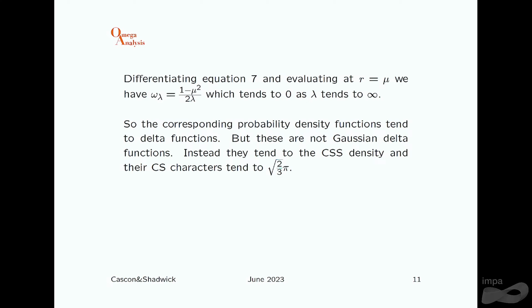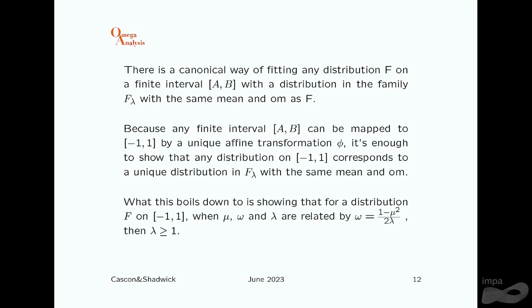What this approaches, because of the attractor of the CSS, is it has to approach the CSS density. It has the wrong character for this to be Gaussian.